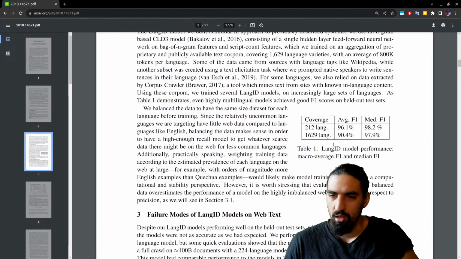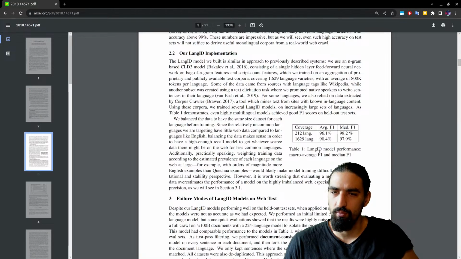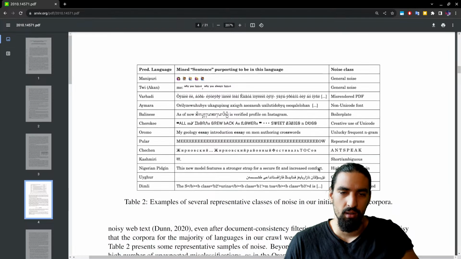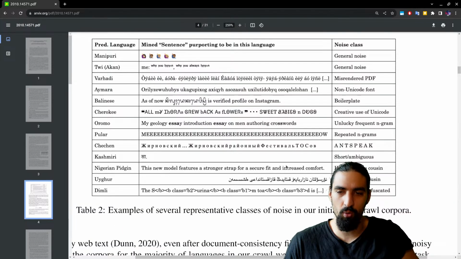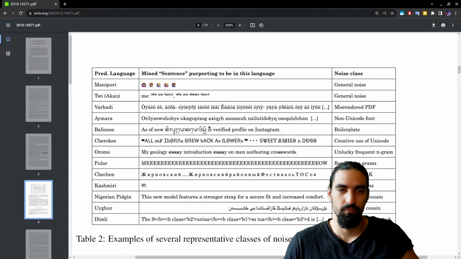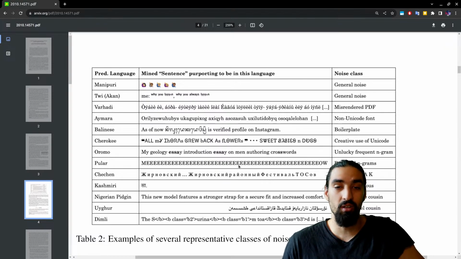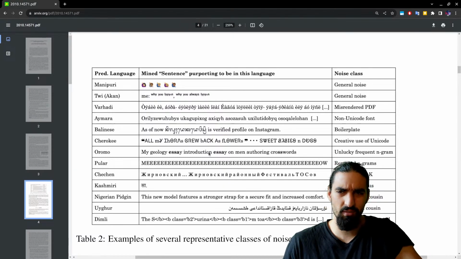charts. Model performance, representative class of noises in our initial web corpora. Manipuri, general noise, misrendered PDF, non-Unicode font. Non-Unicode font, what does that even mean?